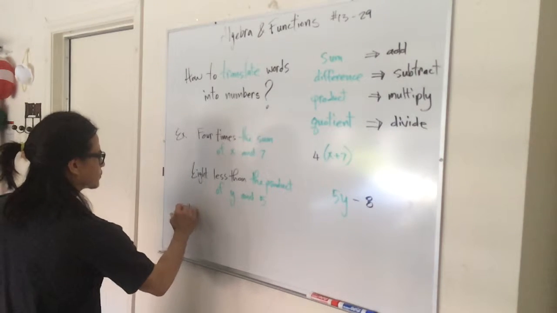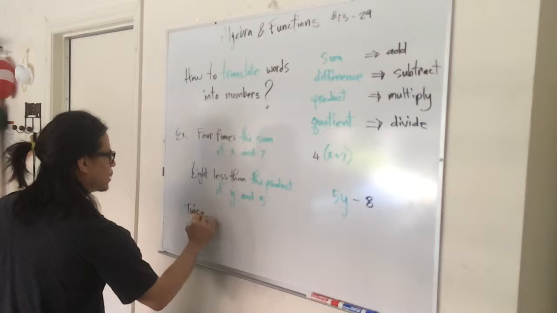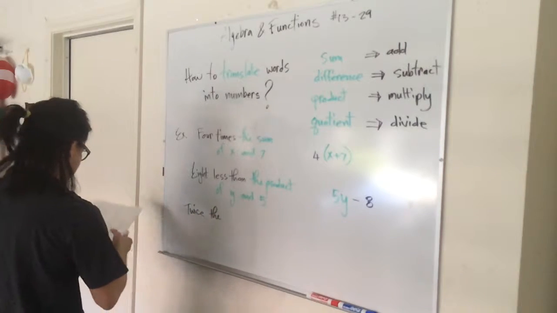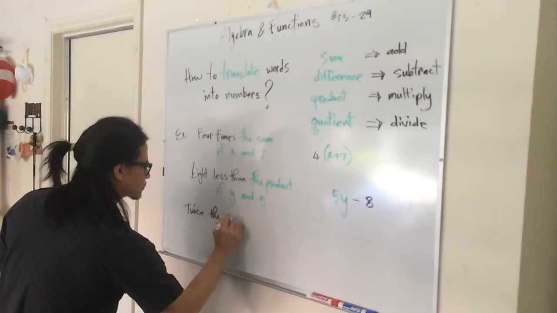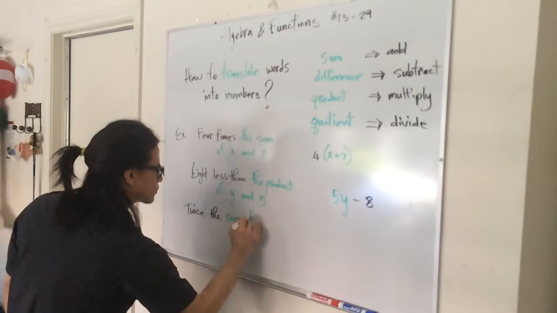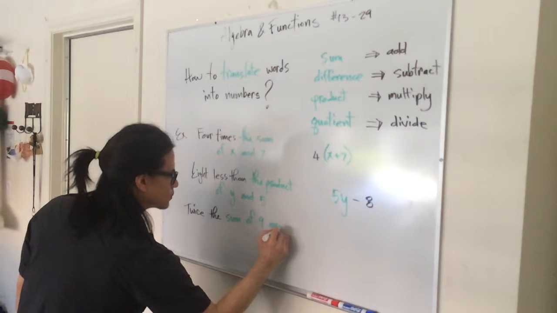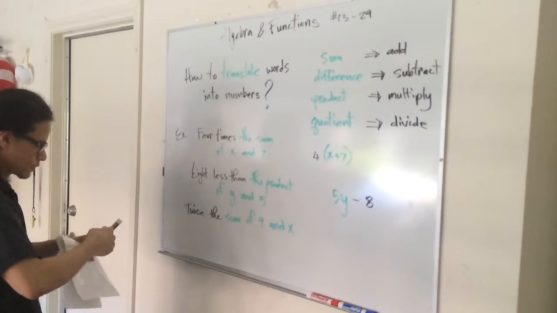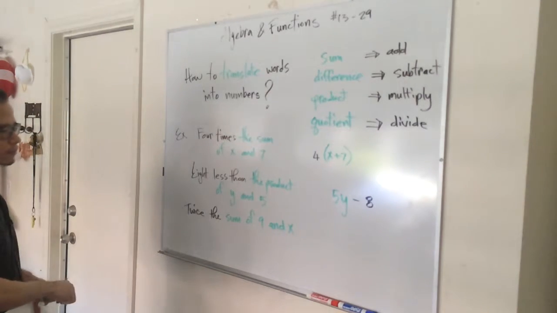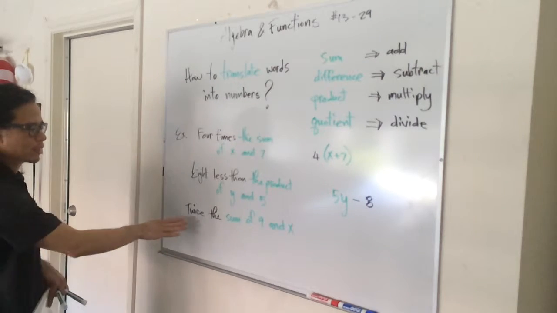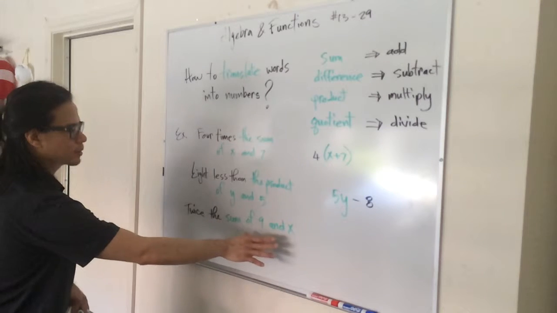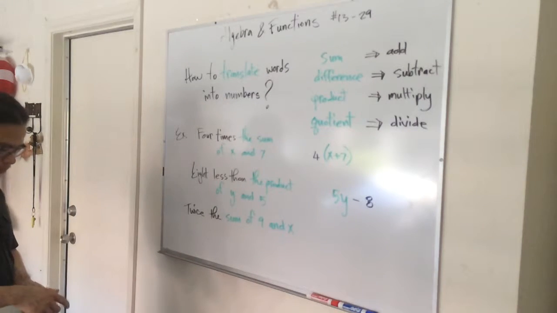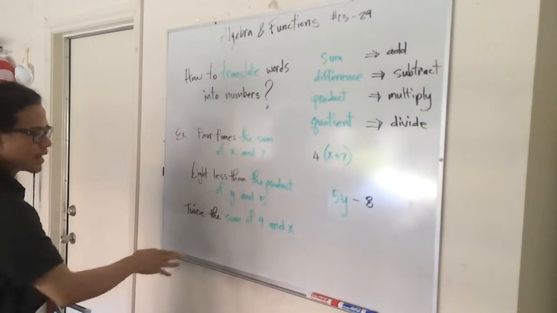What about twice the sum of 9 and x? See if you can try to figure out this one here. Make it an expression. Remember, sum means add.